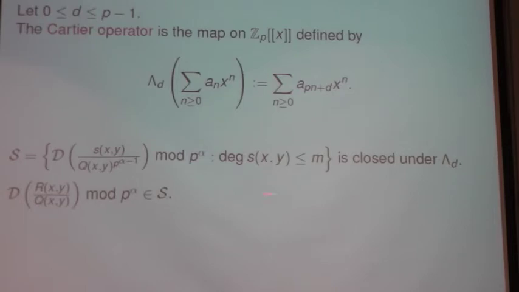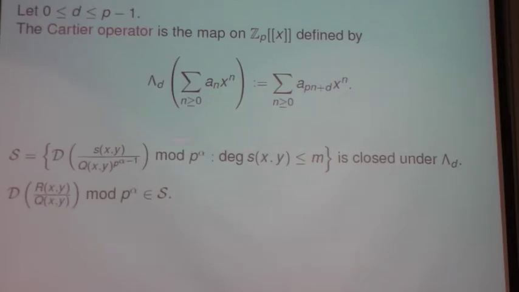And then what you do is you say let S be this set of diagonals. So this is a set of all diagonals mod p to the alpha of certain rational expressions. You have a q to the p to the alpha minus 1 in the denominator, and the numerator is bounded in degree by some n that I haven't told you. But the point is that this is a finite set because this degree restriction limits you to only finitely many numerators.